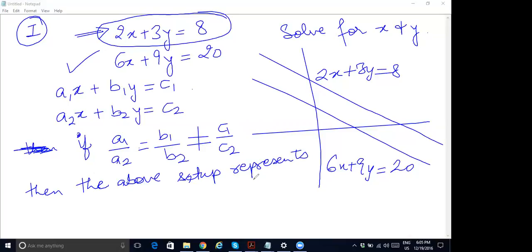Yes, very good, represents a pair of parallel lines.